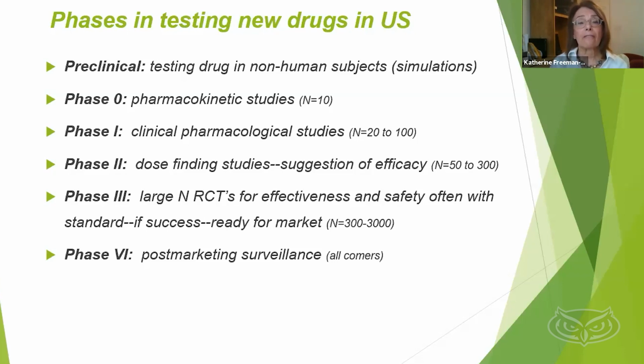Phase 3 involves large-scale clinical trials. In the AIDS epidemic, we had 3,000 to 4,000 or 5,000 people enrolled at once, when AZT had enough evidence to support its efficacy, and then it was compared with cocktails of different drugs, whatever.